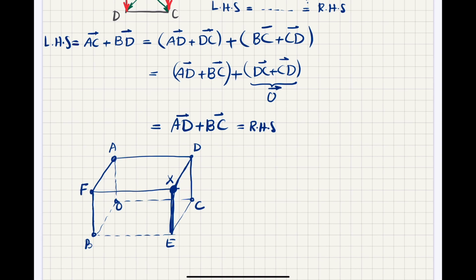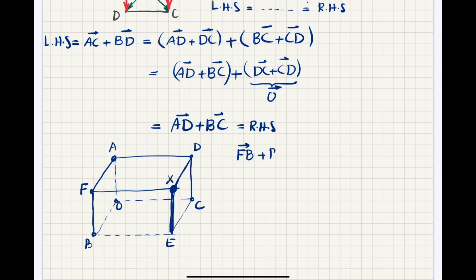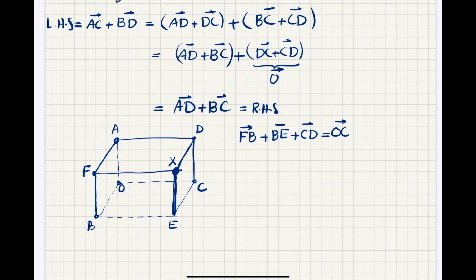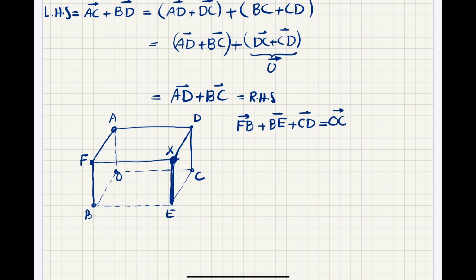Okay, so I want you to show that the FB vector plus BE plus CD is equal to OC. Yes? I want you to show this and this one: OA plus OB plus OC is equal to OX.